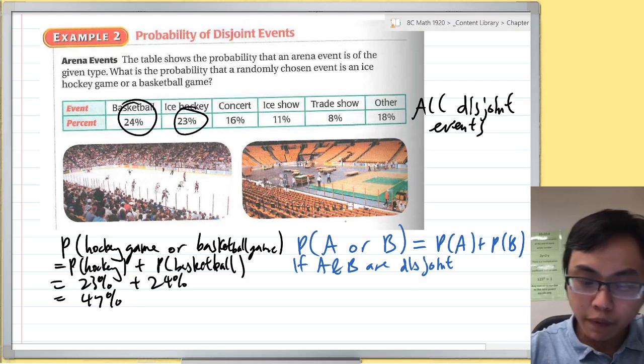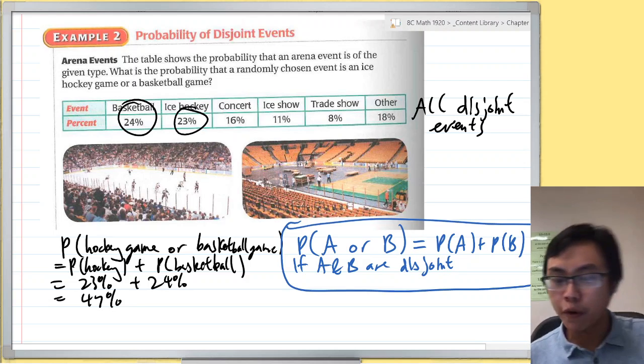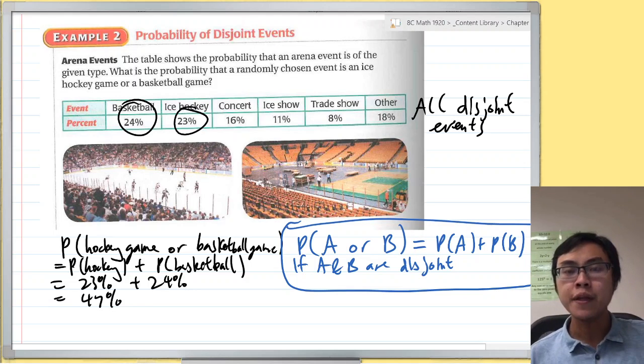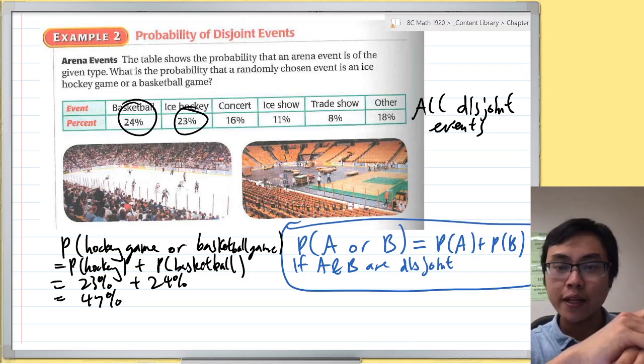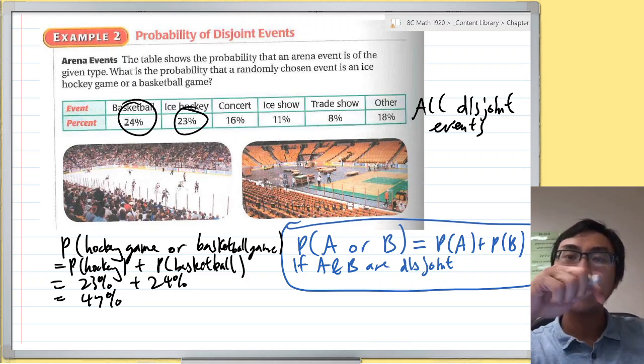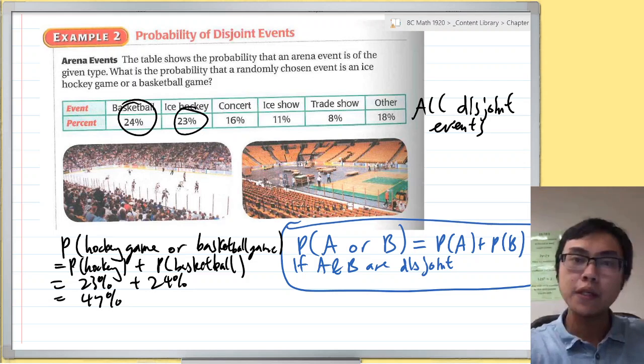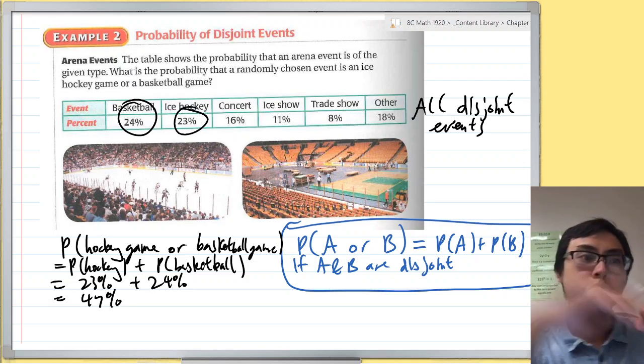This is an important part of today's lesson. We need to understand that disjoint events means there are no overlapping outcomes inside. Then, if we're looking for either A or B, the probabilities add together.